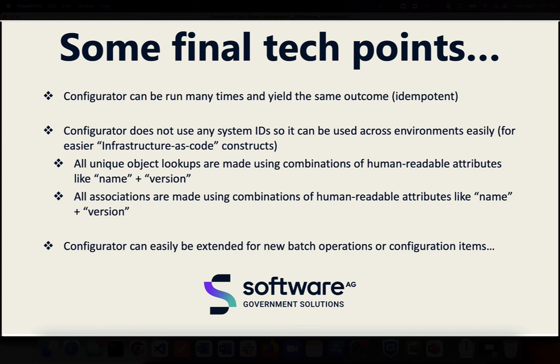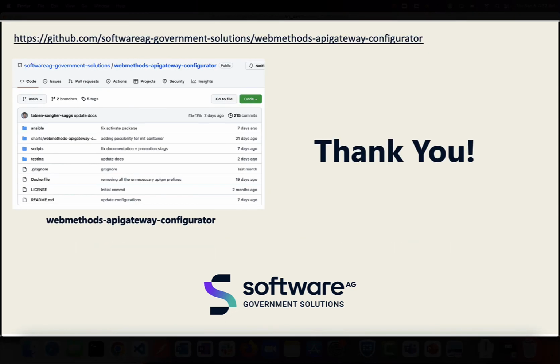That way you are able to use the same configurator in different environments to achieve what you need. And finally, the configurator currently offers only a small subset of what's possible to configure in API Gateway. But the good news is that we can extend it very easily and add new operations or configuration items as needed. And that's it for now.